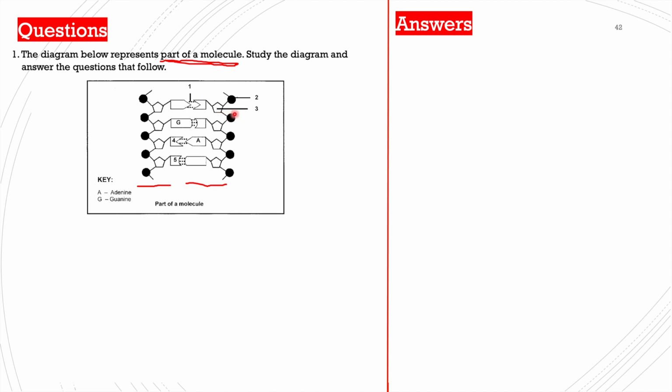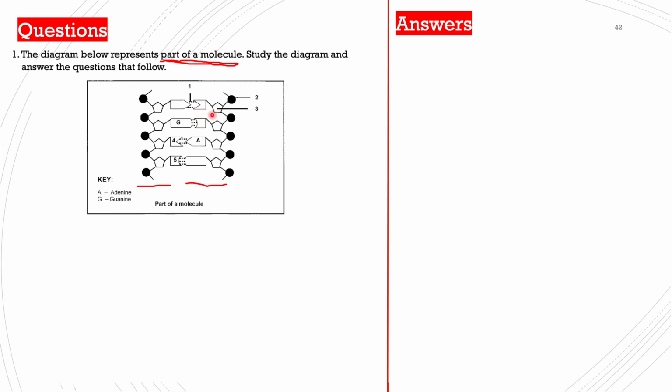And then let's go to number three. As you can see, number three over there is attaching to the nitrogenous base, okay? So, which component of a nucleotide did we say attaches to a nitrogenous base?